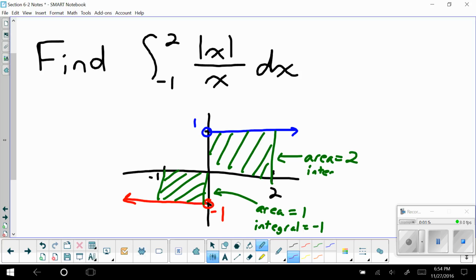Because that's above the x-axis, the integral would also be 2. So when I do the integral, I'd have -1 plus 2, which is 1. So our discontinuity did not actually have an effect there. We were still able to find the integral by using areas to do that.